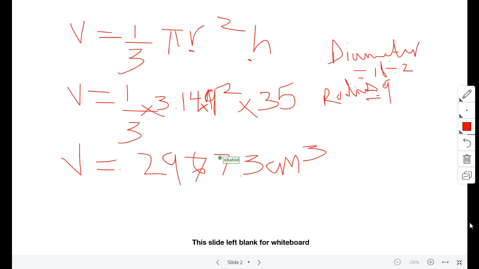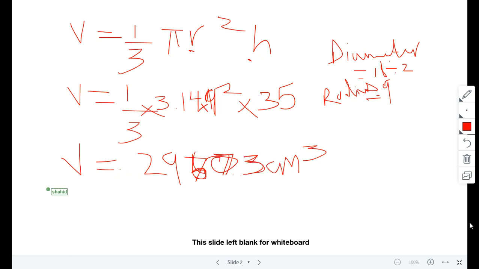You have to get that answer before rounding it up. Okay, so I would say V equals this. But since in the question it's mentioned that it should be to the nearest 10 centimeters cubed, that's why the answer is 2970. So first I would write 2967.3 centimeters cubed, right? Yes.